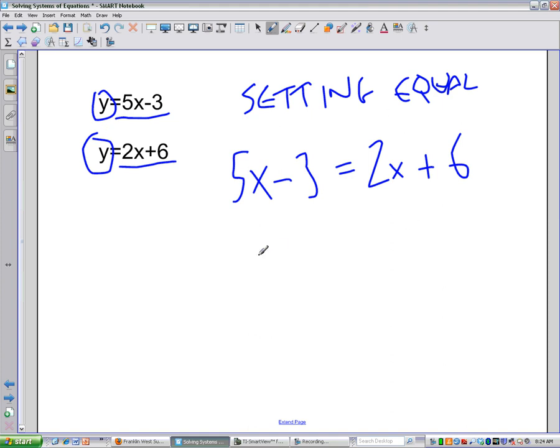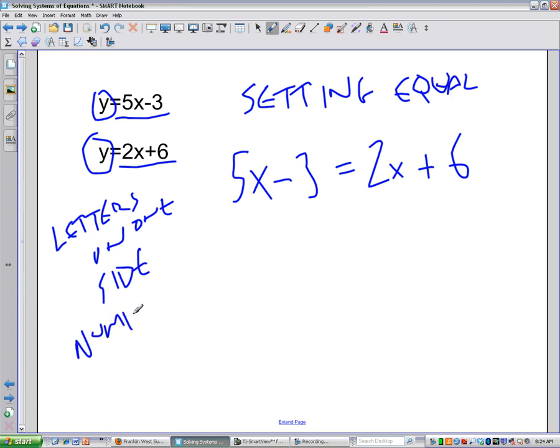So we've done this problem before. We've solved equations where we have variables on both sides, and the method is, remember, letters on one side and numbers on the other. Let's get rid of this 2x.